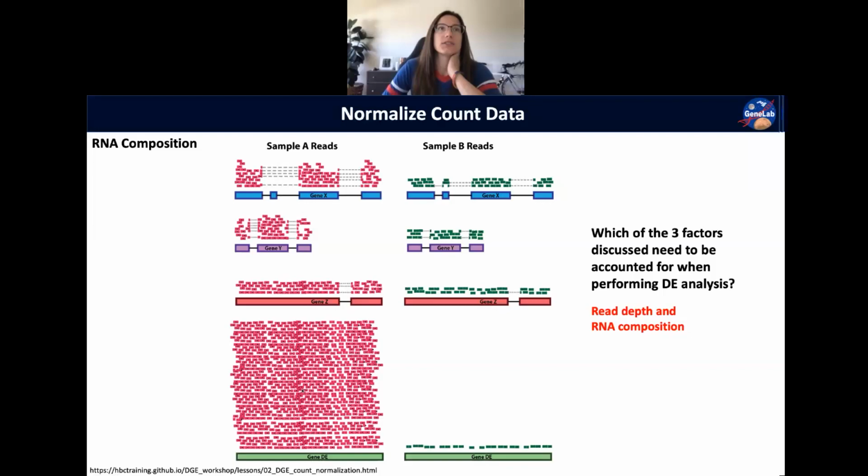So rather than looking at the total number of reads, it could look at the average number of reads aligning to each gene. And if there are some genes that have a large number of reads aligning to them, you might not want to include that in your normalization. And so you might instead want to look at the median number of reads being expressed in the genes to do your normalization.